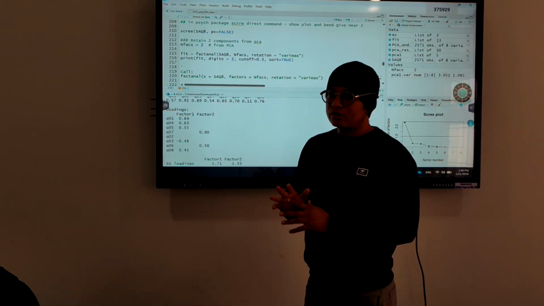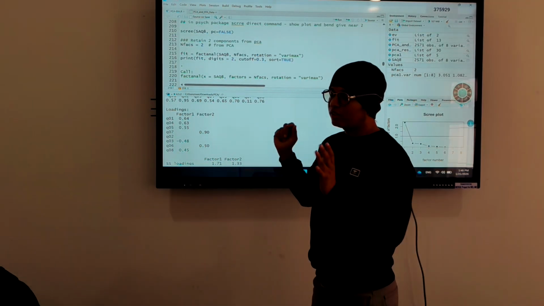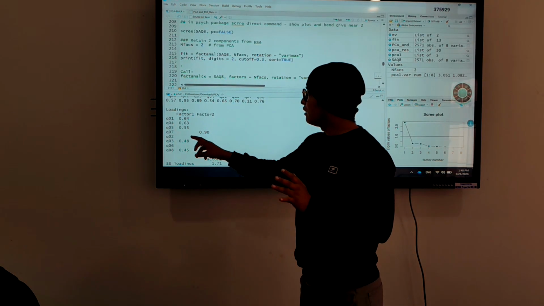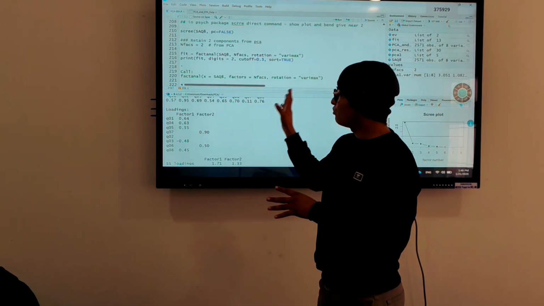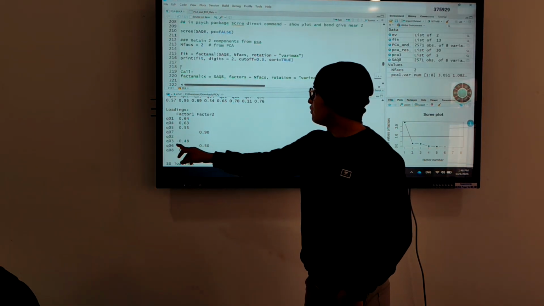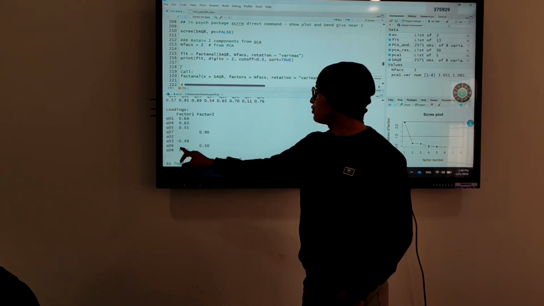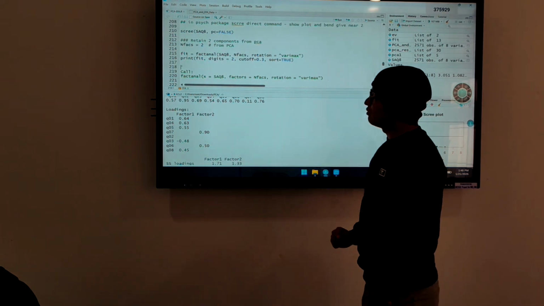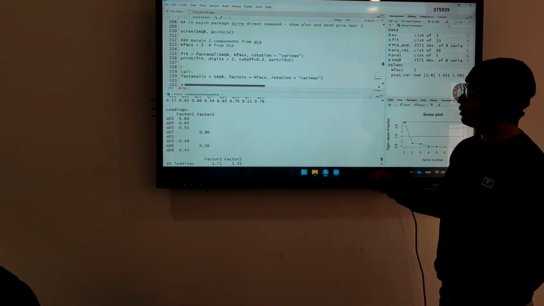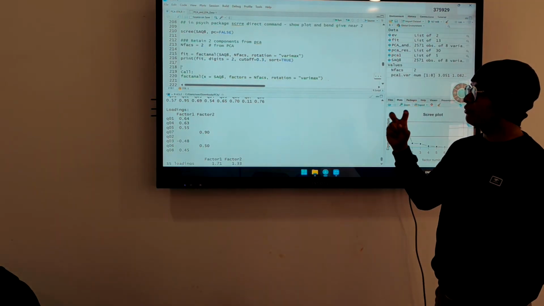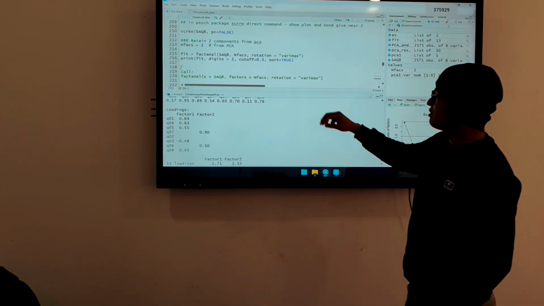Question number 2 does not have a value, because it is less than 0.3. So question number 2 you have to remove, or it is removed, right? Question number 3 is also okay. Question number 6 is there in factor 1 and factor 2. So question number 8 and those are the variables, those are the factors, right? We have to accept it. That's what the interpretation tells.